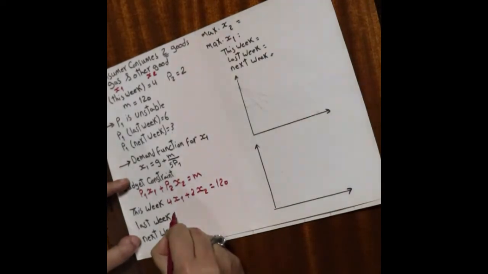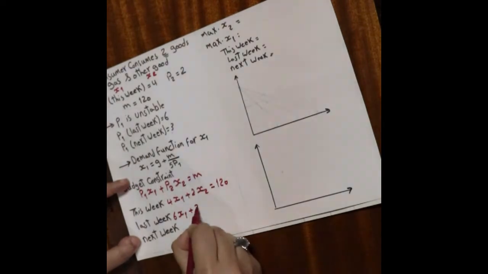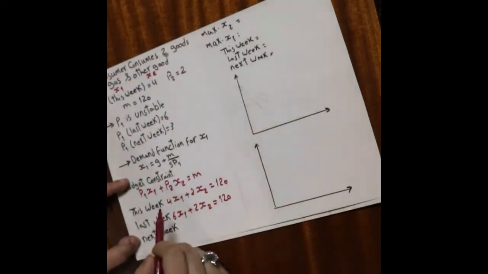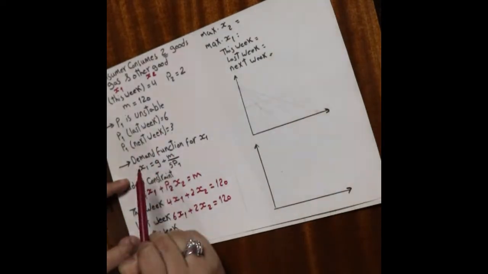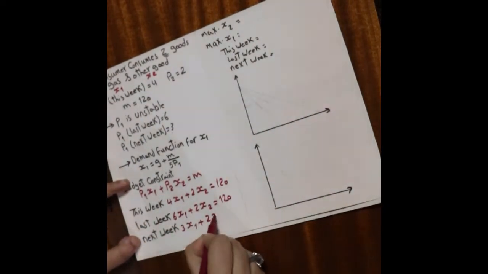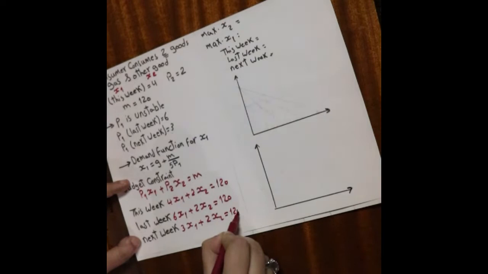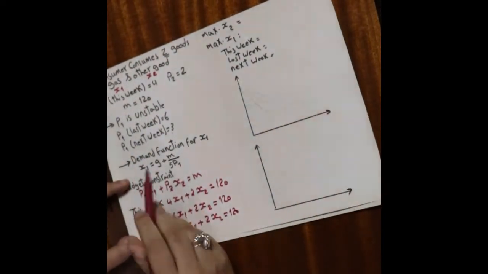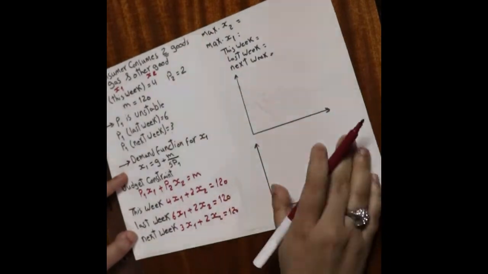The second equation for last week is 6x1 plus 2x2 equals 120, where 6 is the price of gas last week. The third one is 3x1 plus 2x2 equals 120. This is the equation for next week.